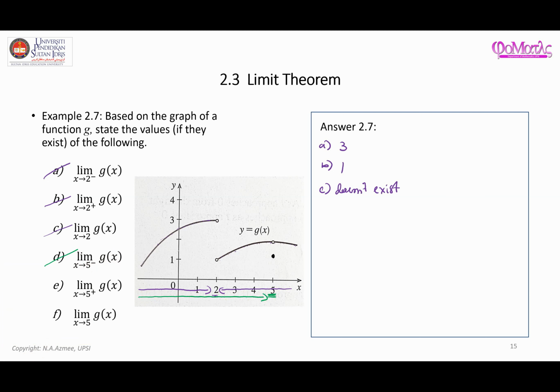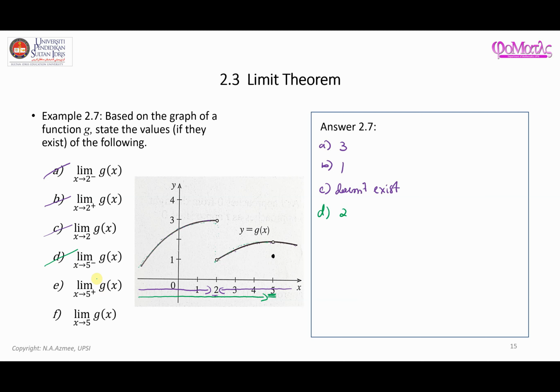You can see that the value of our function is rising, and it gets to this point, and then it jumps to this lower point and continues the journey. As it gets closer and closer to 5, the value of our function gets closer and closer to 2. So the answer is equal to 2.